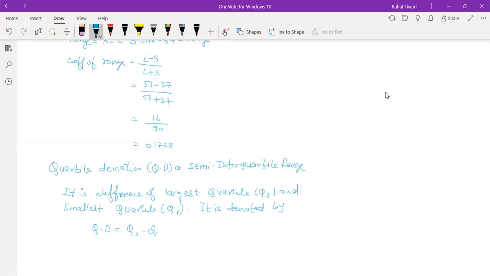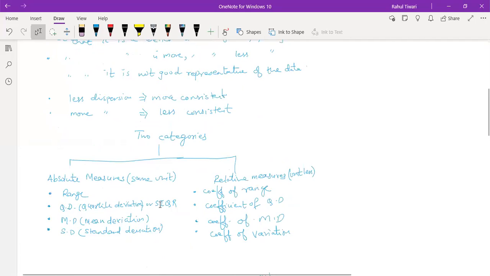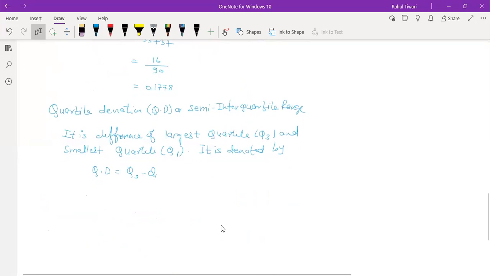Just a minute, I forgot to write: it will be divided by 2. So it's not actually the difference, it is the half definition.